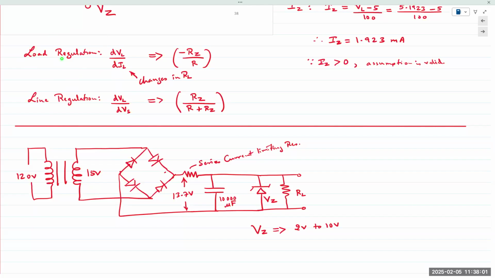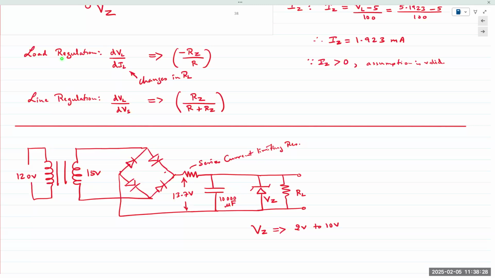Load regulation. In the lab, we can look at the change in VL as a response to a change in RL. RL could change, meaning the load resistor values could change, but your VL must be held constant, so the change in VL should be 0.